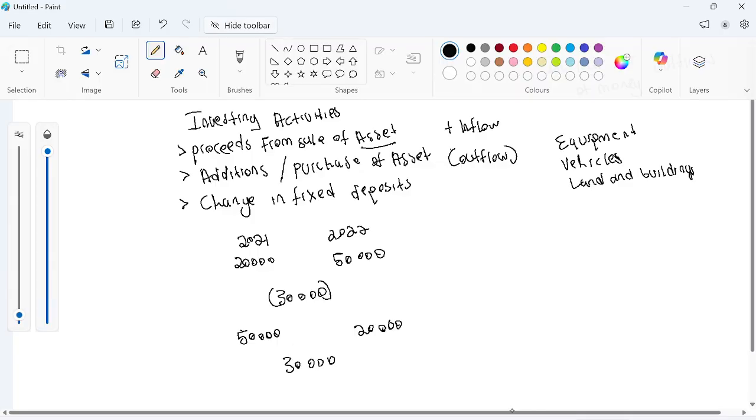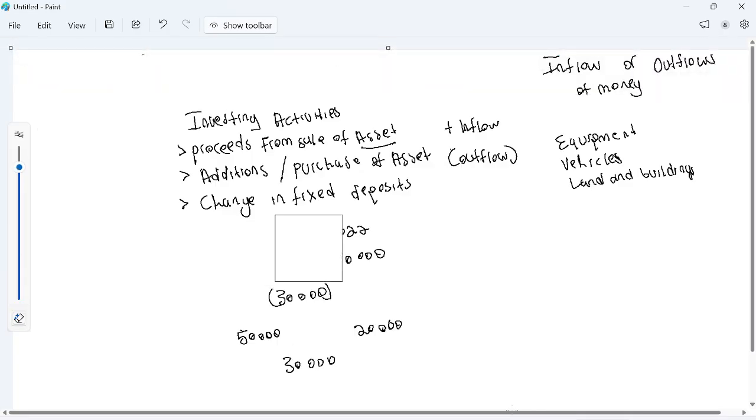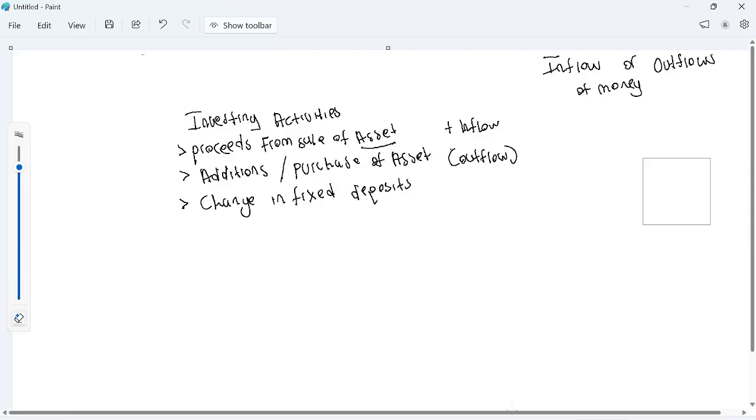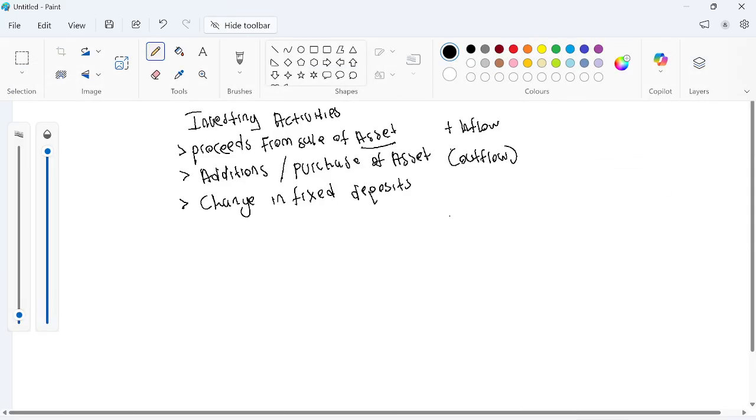Now let's move to calculations, like how to calculate your additions or your proceeds from sale of asset, right? The simplest one or the most commonly tested approach can be this one, right guys?